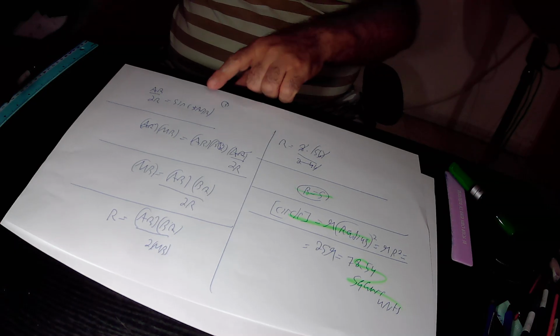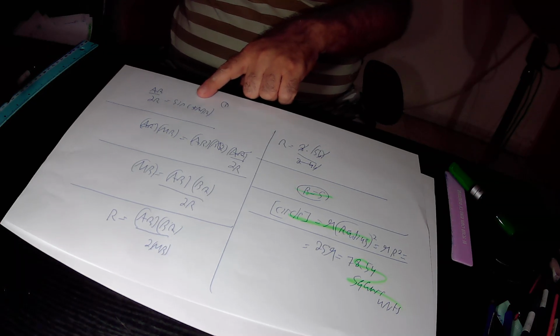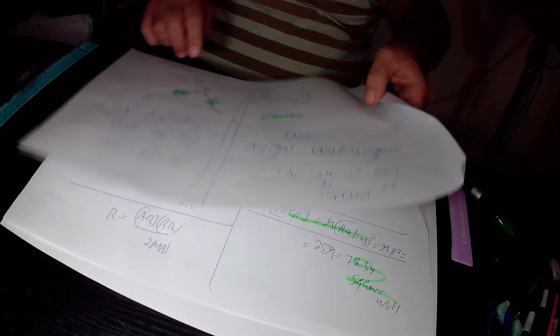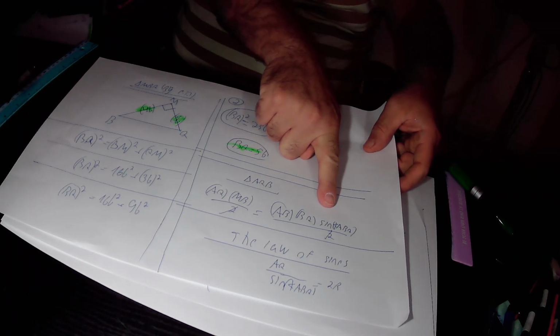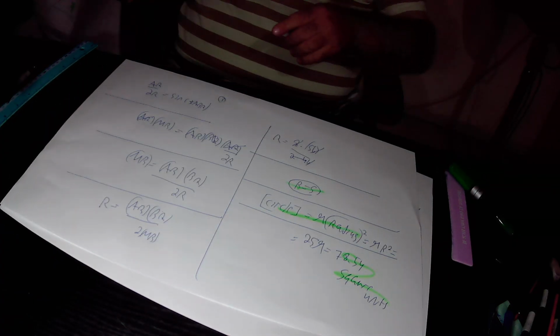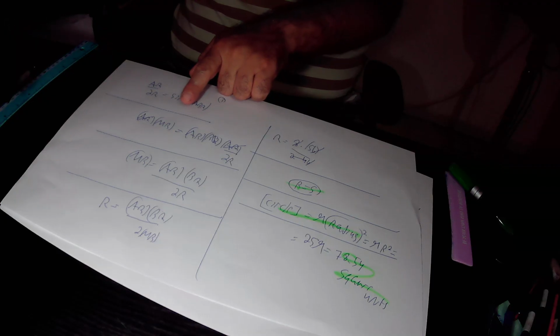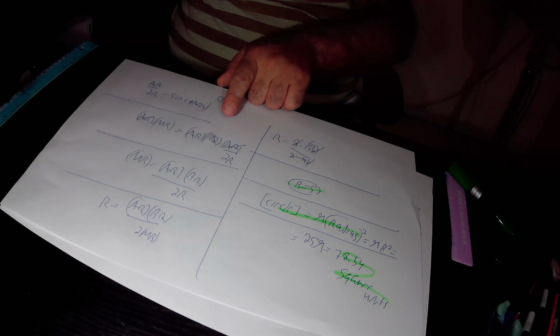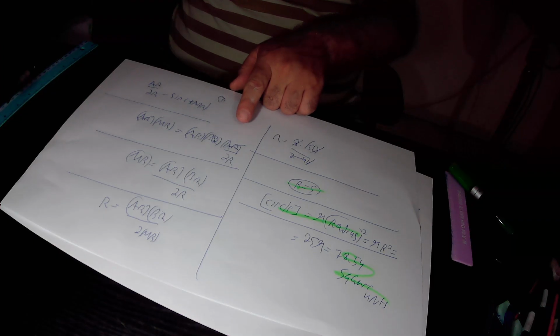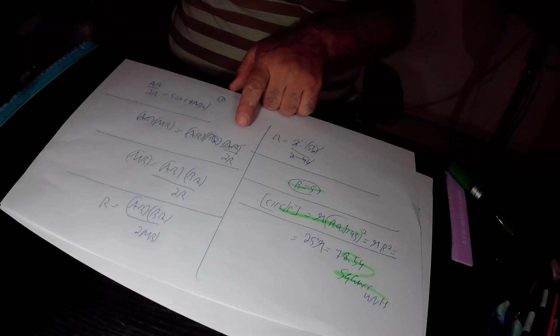Now we can substitute sine ABQ in this equation by AQ over 2R. We have found that AQ times MB equals AB times BQ times AQ over 2R.